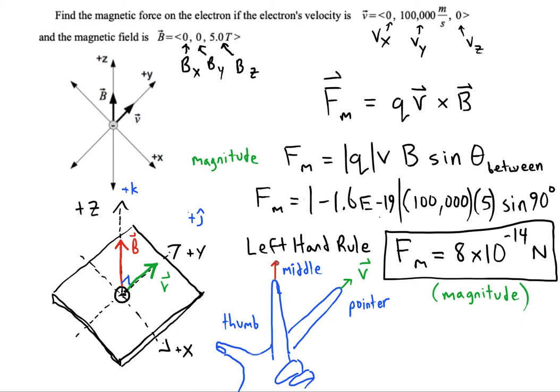The middle finger shows the B field direction. And the result is going to be the magnetic force on that particle. All right, so now we can draw it in.